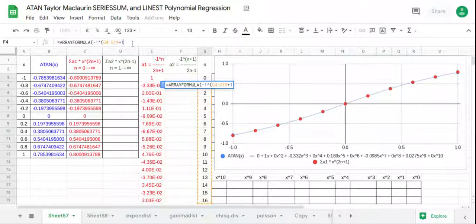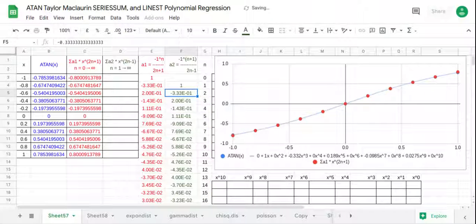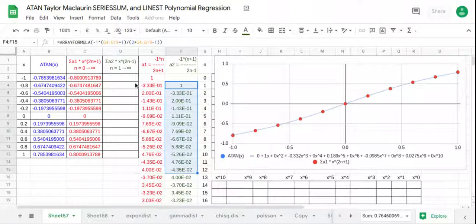And plus 1. And divided by the quantity 2 times n, where n is from 1 to infinity, 2n minus 1. That's our denominator. So these are exactly the same.